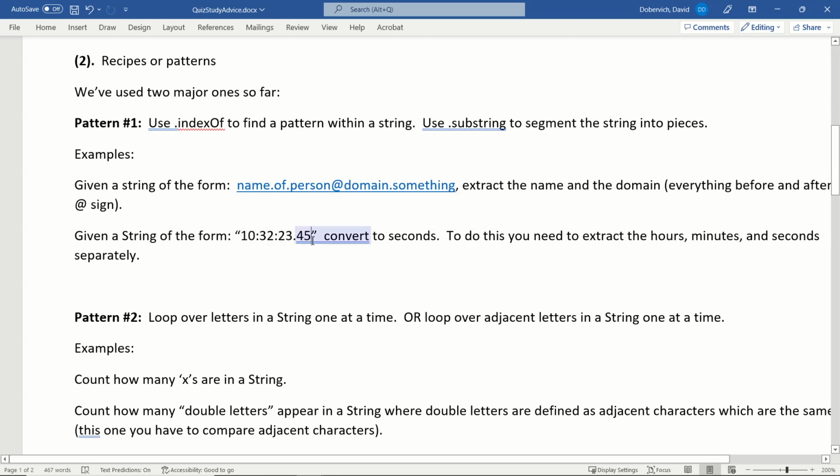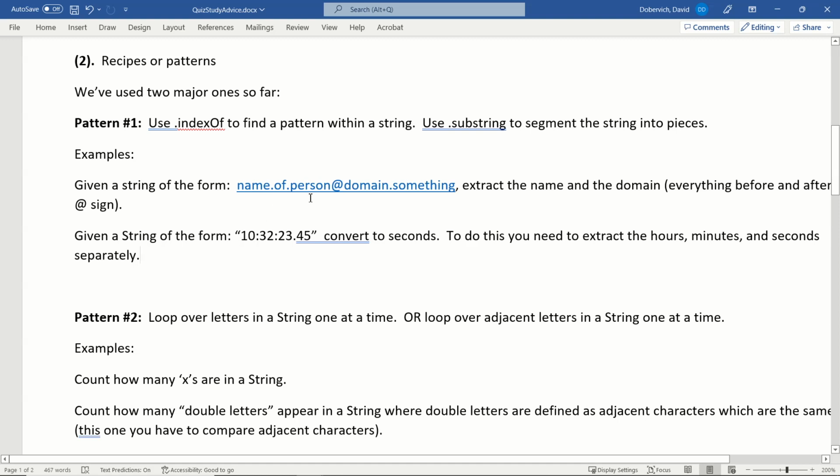If you're given a string in this format and you want to convert it into seconds, you have to figure out where the colons are, and extract the two characters before the first colon, the two characters between the two colons, and all of the characters after the second colon. Use substring to get those out as separate pieces, convert them into integers using Integer.parseInt or Double.parseDouble, and then multiply them by the things you need to multiply them by.